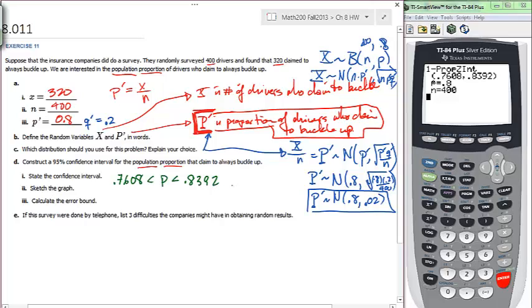If we were to look at the graph of this, we're looking at a normal distribution, and our mean is 0.8, and our 0.76 here, and our 0.839. Oops, let's stick with the decimals here.